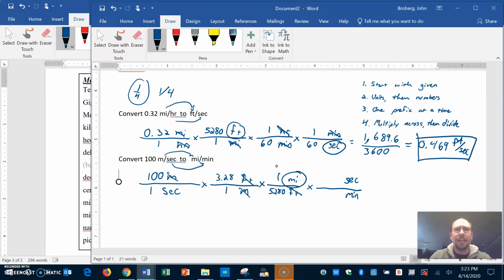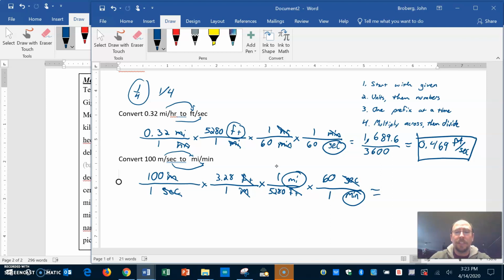And I could do that in one step because there are 60 seconds in 1 minute, and I know that. That's great. The seconds cross out because they're on opposite sides. Minutes is the unit that I wanted, so I'm going to circle that. I have both units that I want in my answer, and so I'm done with this process. Now I just do the math.